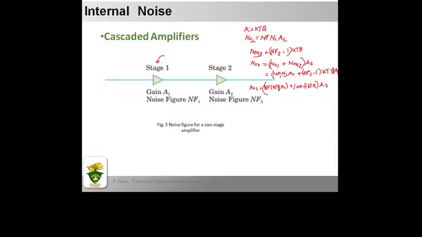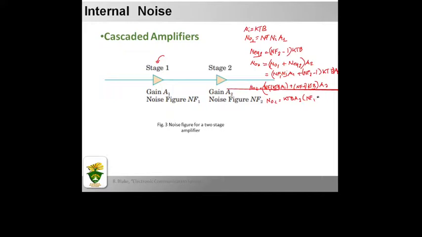So finding the common factors here, we have KTB and KTB. So we have No2 is equal to KTB A2 times noise figure 1 (why am I always forgetting 1 here?)